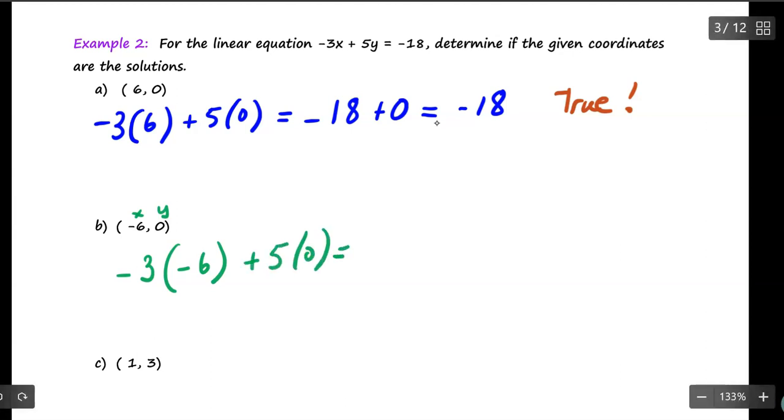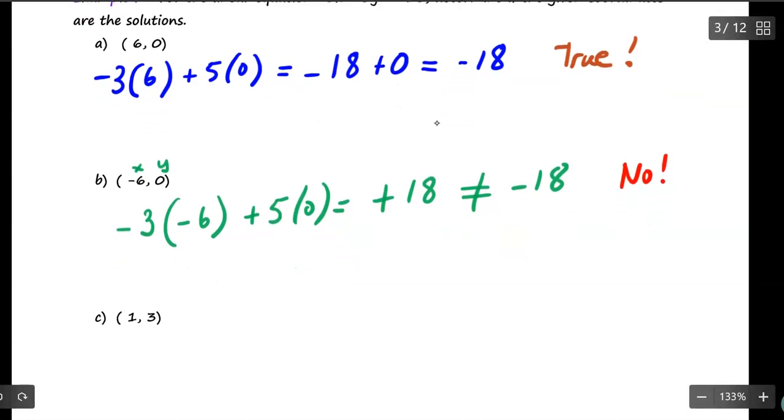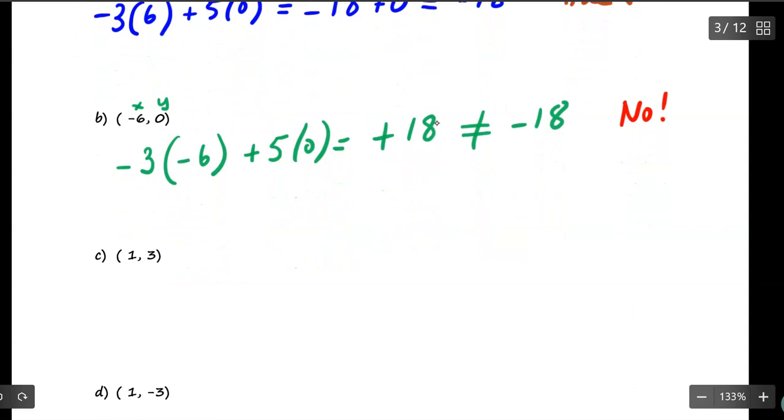So in this case, I have negative 3 times negative 6 will give me positive 18. And this one is not equal to negative 18. So this is not the point on the graph. So we can simply put the word no here. So this is not the solution for the linear equation.